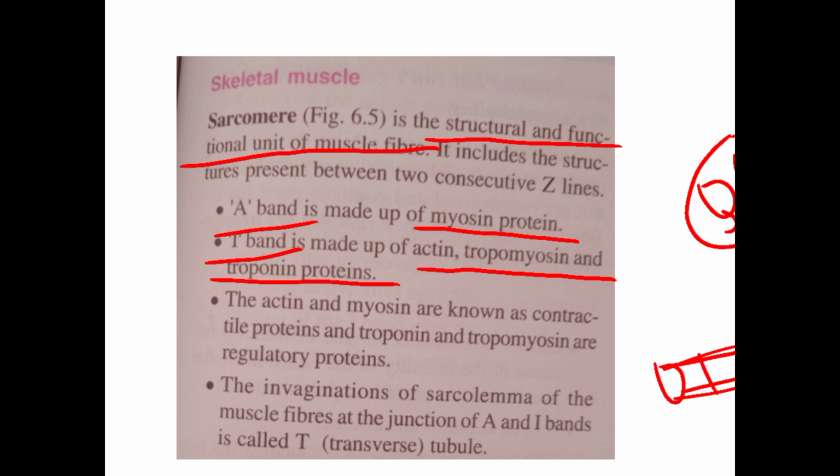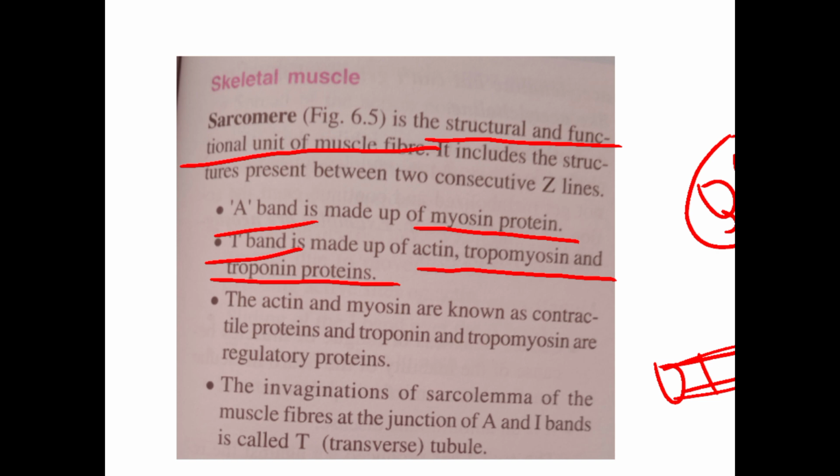During that contraction, these contractile proteins are very helpful for muscle contraction, hence they are called contractile proteins. They will ask the question, name the contractile proteins. You have to write myosin, troponin, tropomyosin and actin proteins.